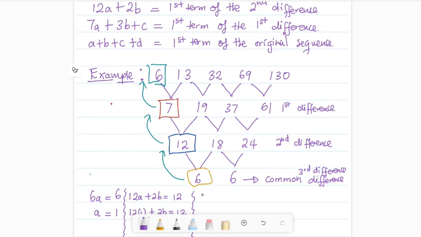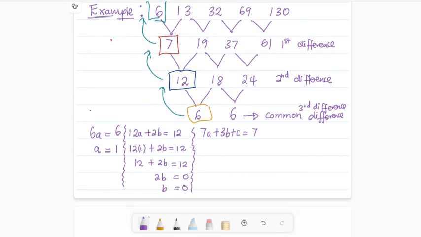I move on to the next one. I'm equating 7a plus 3b plus c, this is equal to 7. Since we know that a is 1 and b is 0, that is 7 plus 0 plus c equals 7. When I take 7 to that side and subtract, they give me 0 again.